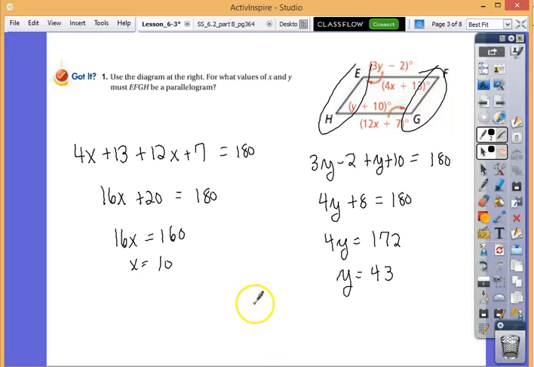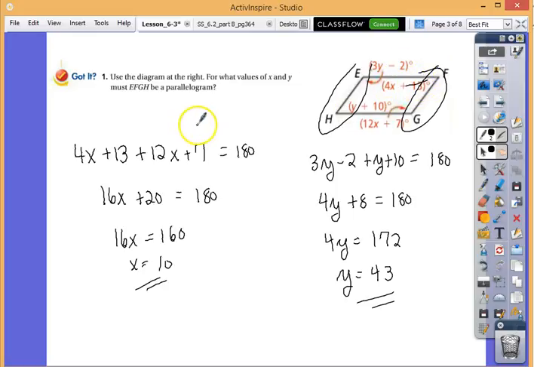So in this way, I was able to come up with solutions for x and y. Probably just to be careful, I would go back and plug it in. If I plug in 43 for y, what's 43 plus 10? 53. So angle H was 53. 4x plus 13 is 4 times 10, which is 40, plus 13, which is also 53.